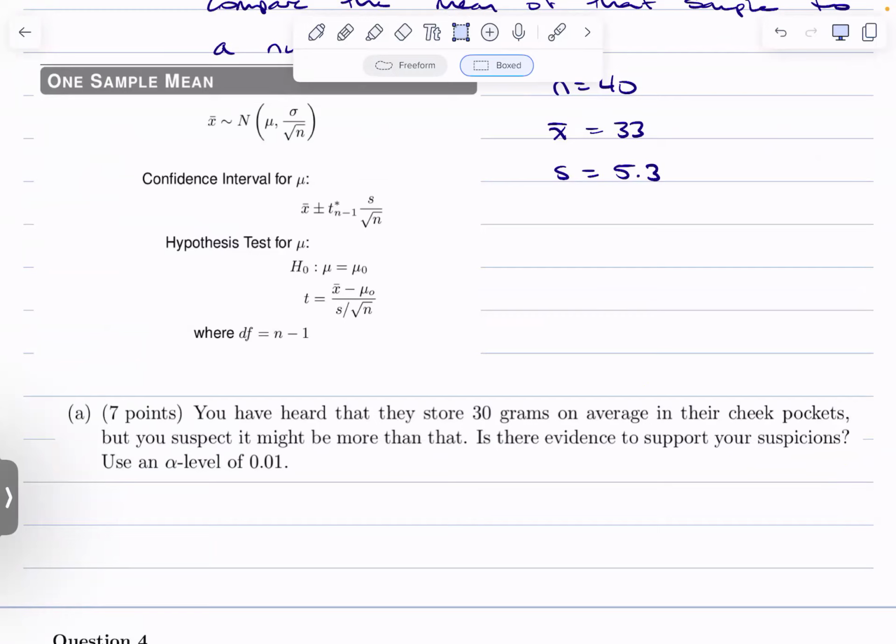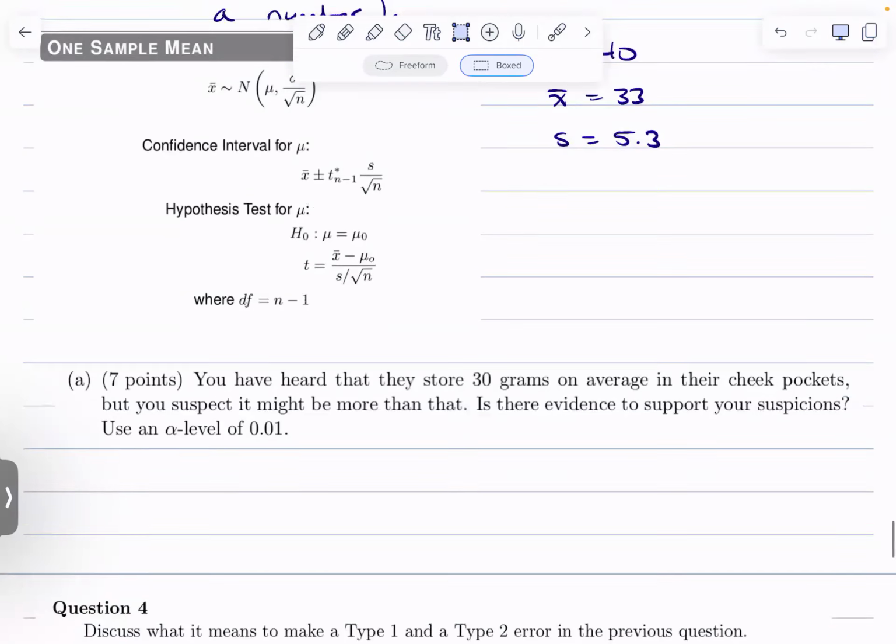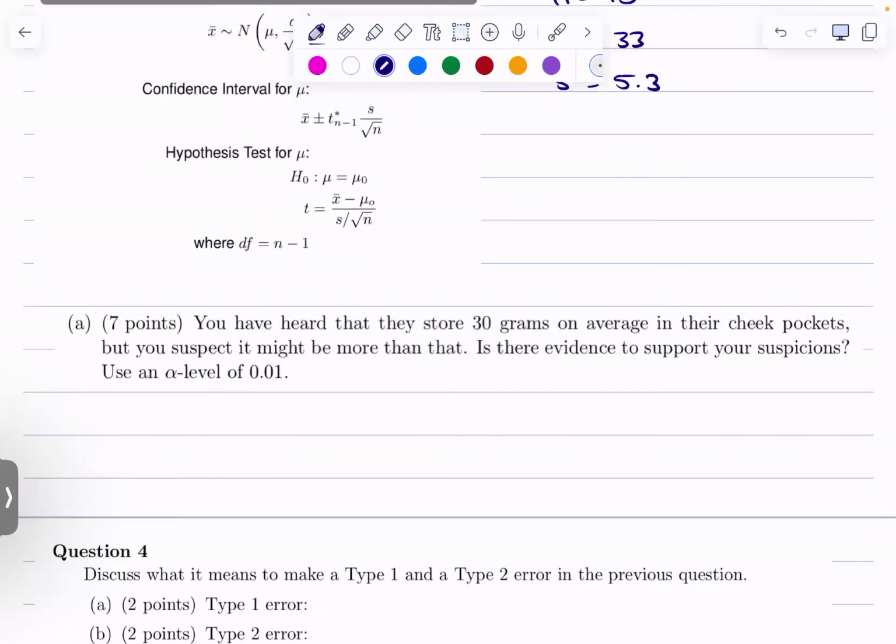So here it doesn't explicitly say use a hypothesis test, and so this is more what you can expect the question to look like. But you do have to use a hypothesis test. So here we go. What's this 30? 30 is the number I want to compare my sample mean to, right? Which is what makes it my mu naught.